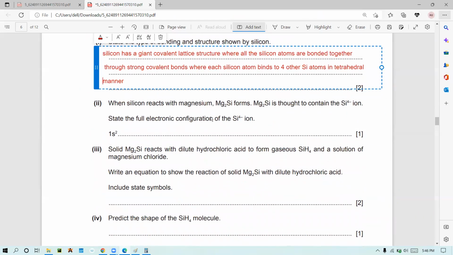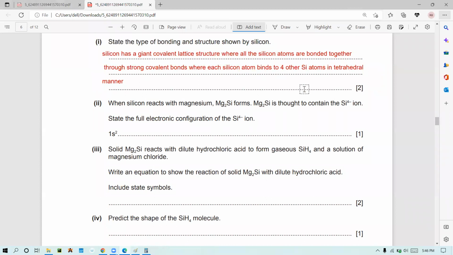When silicon reacts with magnesium, magnesium silicide is formed. So Mg2Si is thought to contain silicon 4- ion. State the full electronic configuration of silicon 4-. Silicon has 14 electrons.